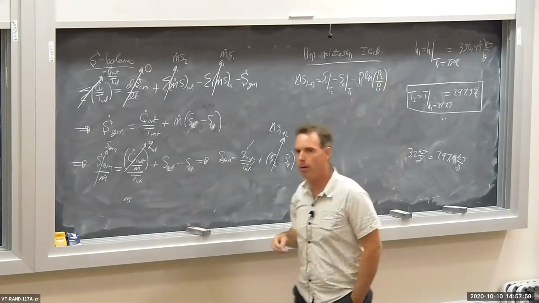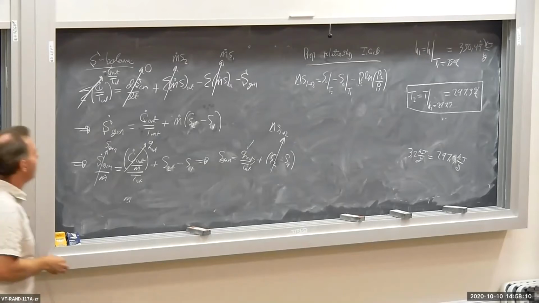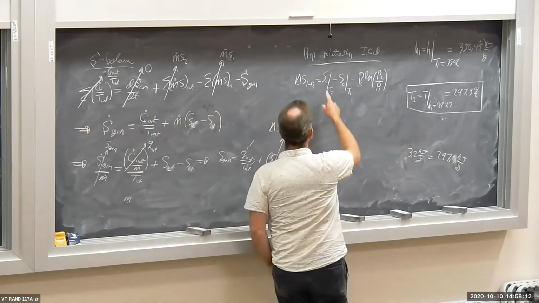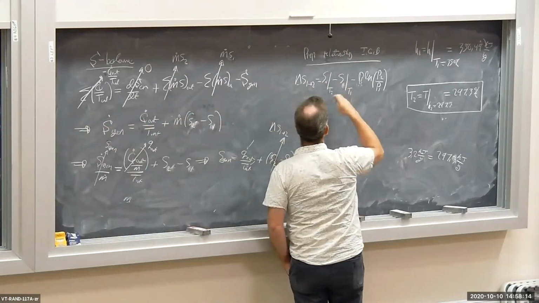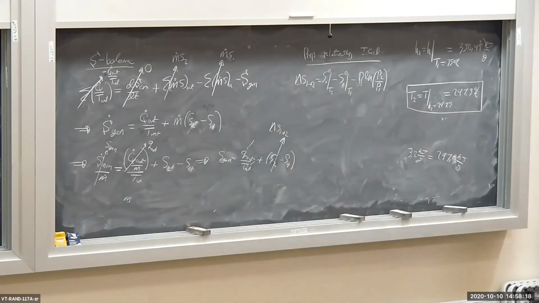That's our property relationship for entropy, ideal gas, variable specific heat. I always get this mixed up, but I'm putting the naught in the superscript, which matches the notation in the notes.